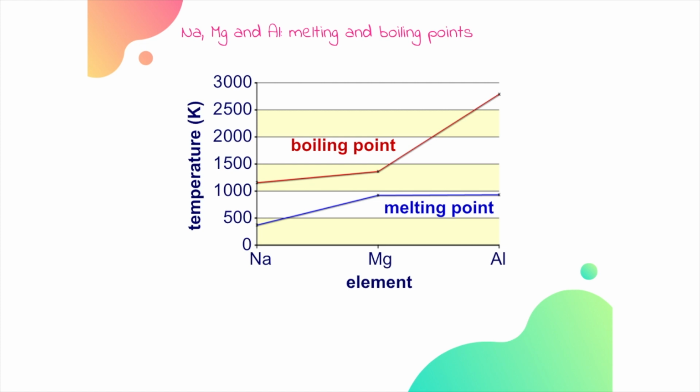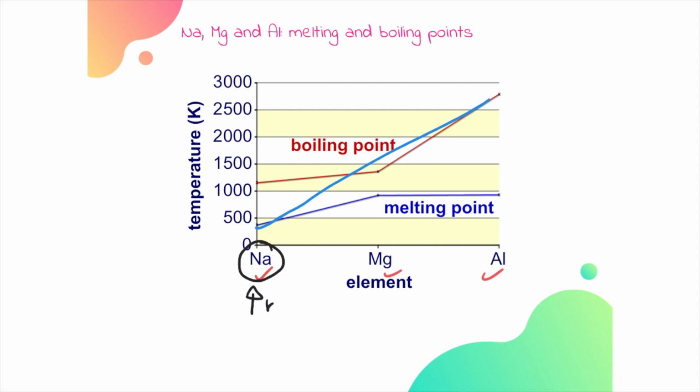Let's start with the first 3 metals in period 3: sodium, magnesium, aluminum. We notice that there is an increase in their melting point and boiling point. So why is it that sodium has a lower melting point than magnesium? This has to do with 2 factors. First, sodium has a larger radius, and second, sodium only has 1 valence electron.